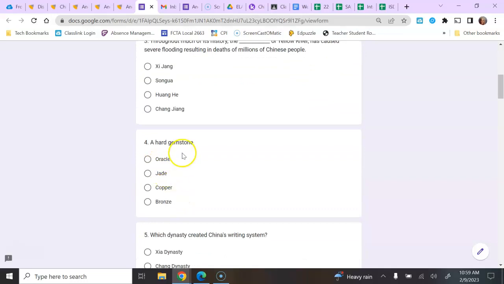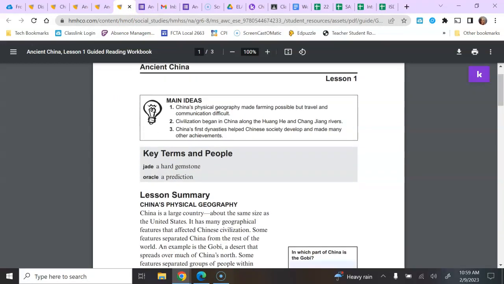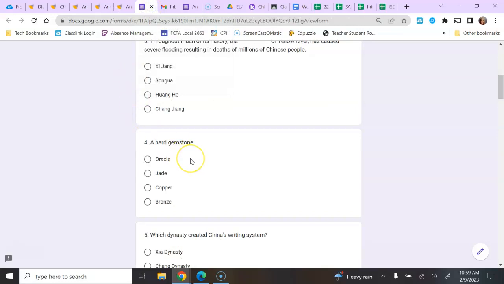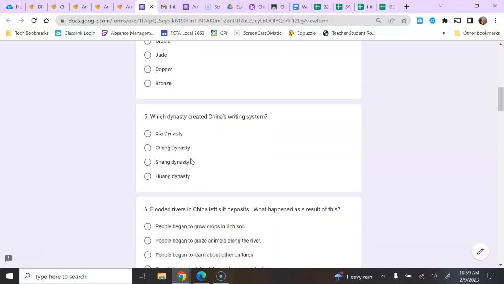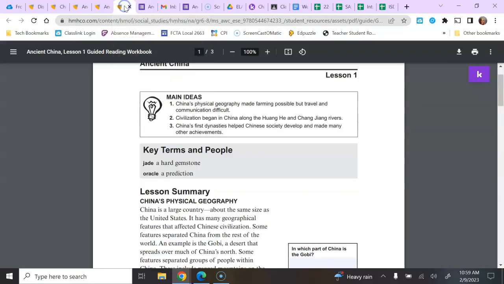Number 4, a hard gemstone: oracle, jade, copper, bronze. Again, that is workbook lesson 1, and it's right in your key terms and people box. What is a hard gemstone? Number 5, which dynasty created China's writing system?